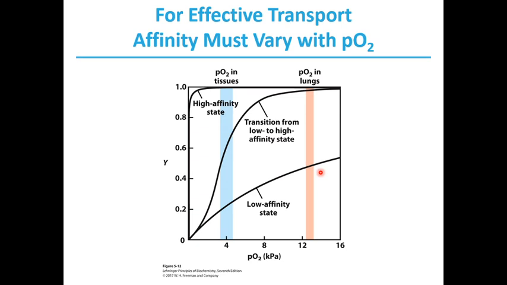Now, hemoglobin solves this problem by undergoing a T to R transition, as we saw before. As more oxygen molecules bind, the R state becomes much more prominent and has high affinity for oxygen.